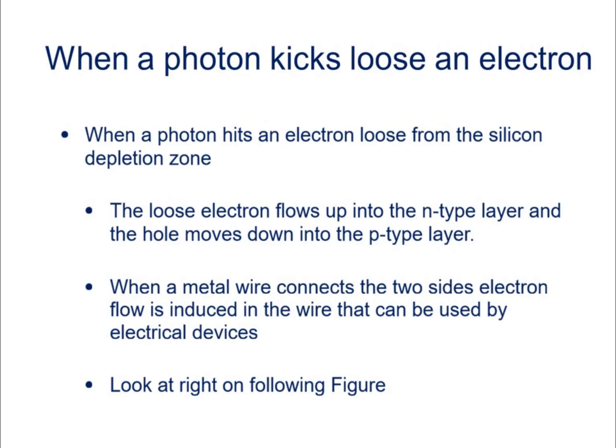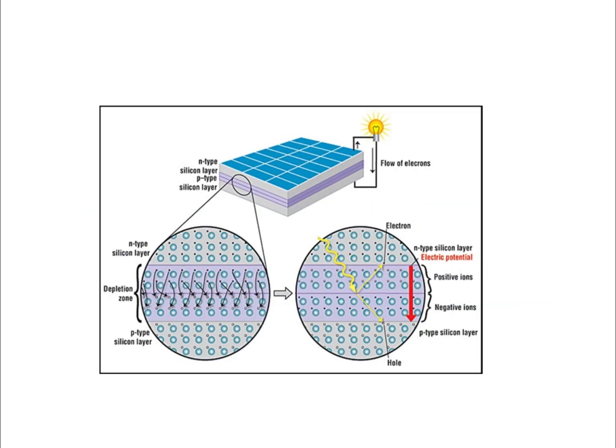Look at the right on the following figure. In the lower right, you'll see a photon, which is the wavy yellow line, coming in and striking loose an electron. Then the electron streaks upward into the N layer, and the hole left by the departure of that electron goes down into the P layer.